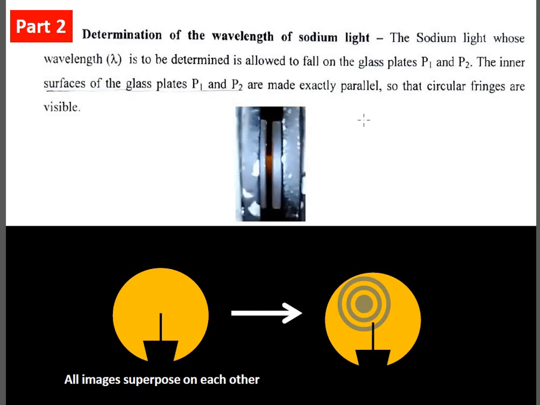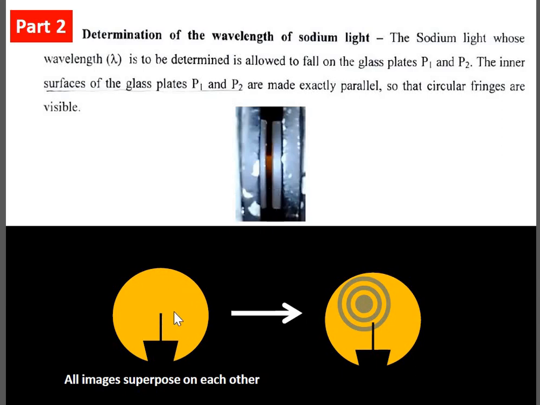Anyway, so now you see, once the two plates are parallel and the light falls at an oblique angle, then what will happen is that, I have talked about this in my last class, if the planes are not parallel, then you will see a large number of images.